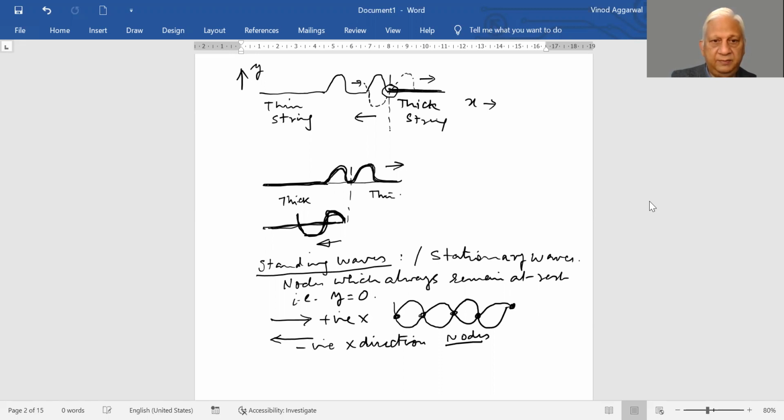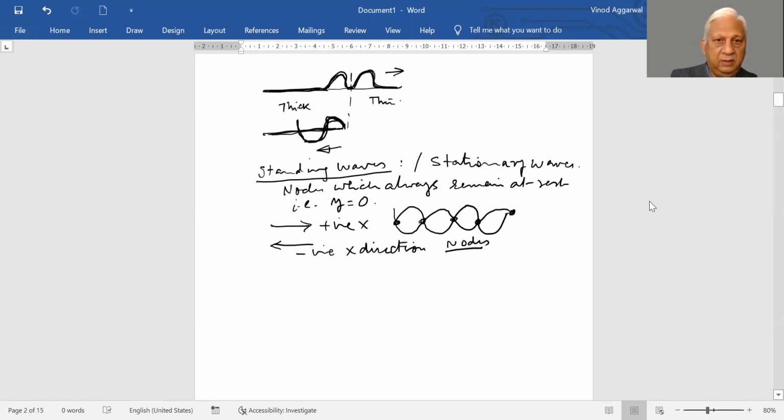Let's see their treatment. The one going in positive x direction can be represented, as we have already seen, as y is equal to a sine, with the sign of x and the sign of t opposite to each other.